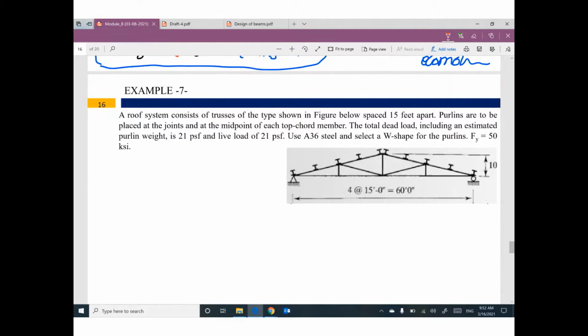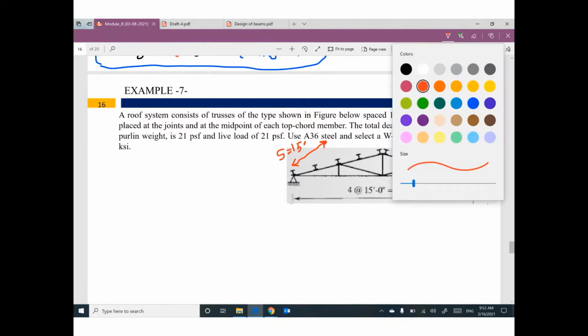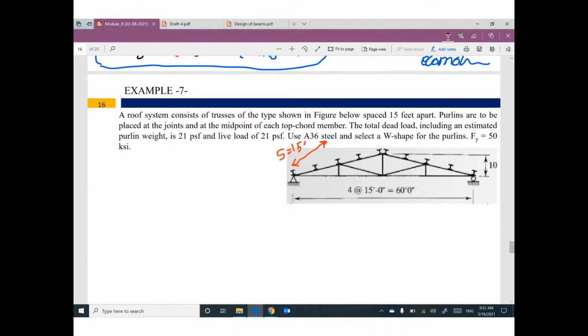This truss is repeated every 15 feet, which is S, the spacing between the main system. So guys, can you tell me what is the information behind 15? I think that means your purlin span will be 15.